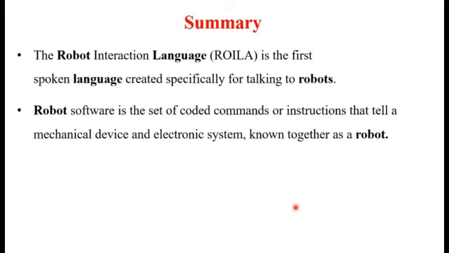Together this software and this mechanical system are called a robot. So robot software is nothing but the set of coded instructions and commands, and the mechanical device performs the operations. Both together are called a robot.